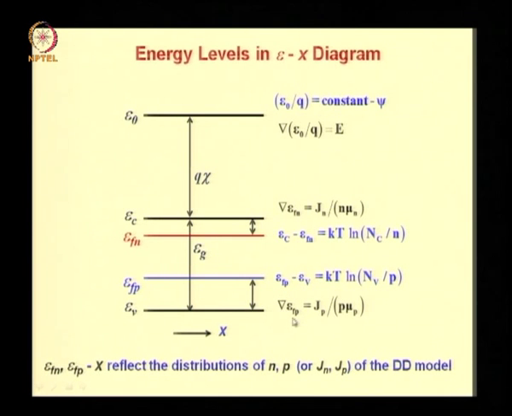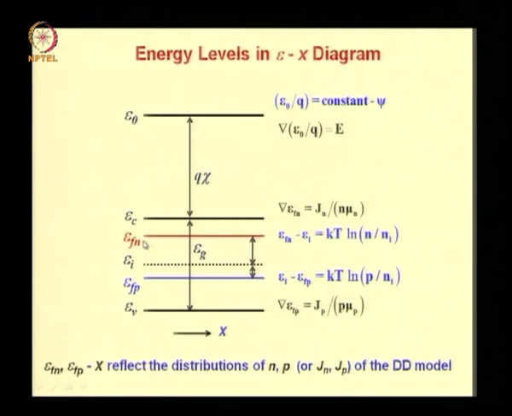You also have a formula for gradient of EFP in analogy to the formula for gradient of EFN. So EFN and EFP as a function of x reflect the distributions of n, p or Jn, Jp of the drift diffusion model. These two formulae show the relation of EFN and EFP with concentrations, whereas these two formulae for gradient of EFN and gradient of EFP show the relation between the variation of EFN and EFP with current densities Jn and Jp.